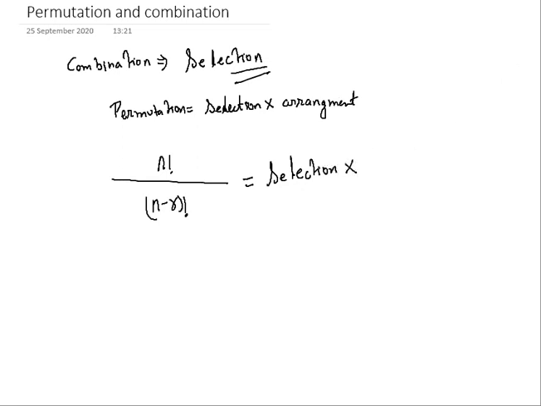Now tell me, if you're selecting r objects, in how many ways can you arrange r objects? Yes, very good, Pragna. So we can arrange r objects in r factorial ways.